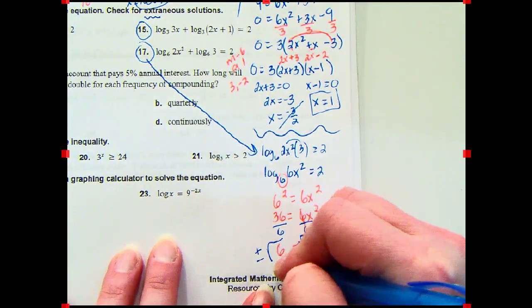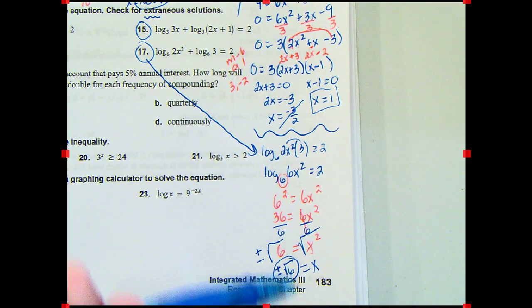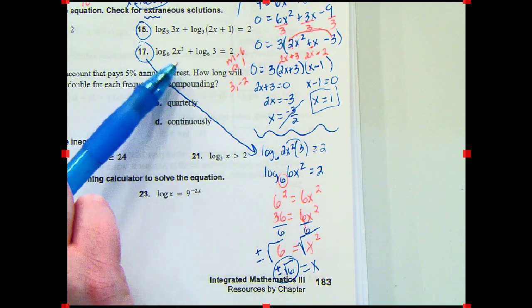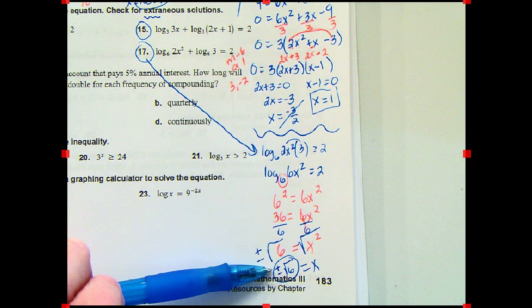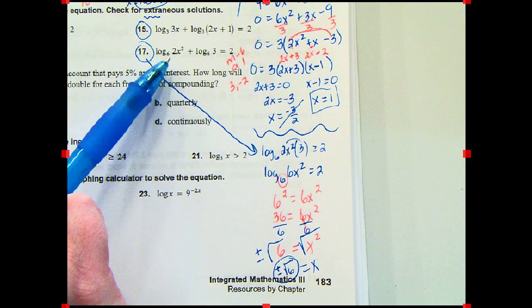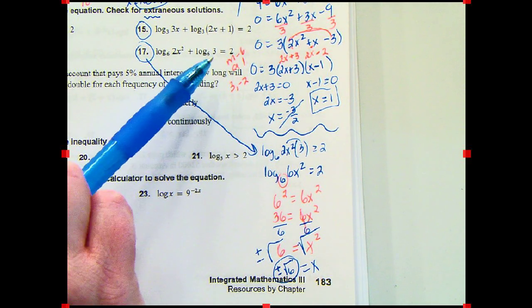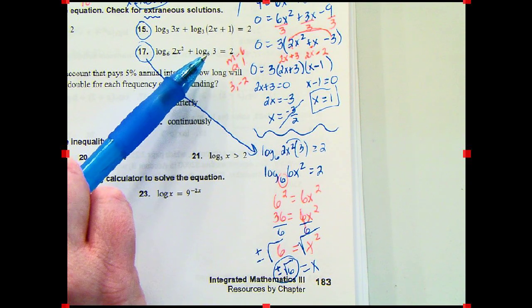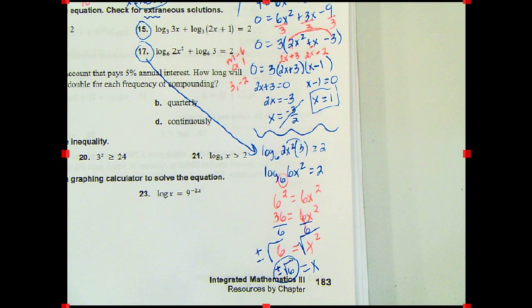So actually, I can keep both the positive and the negative root 6 for my final answer. So again, the negative is what I want to be careful of. If this would have just been a 2x, I would not have counted the negative root 6 because that would have given me a negative after a log. But since I'm squaring it, the square will take away the negative, and this is just a 3, so that's just going to stay a 3. So I can count both the plus and the minus root 6 for that answer.